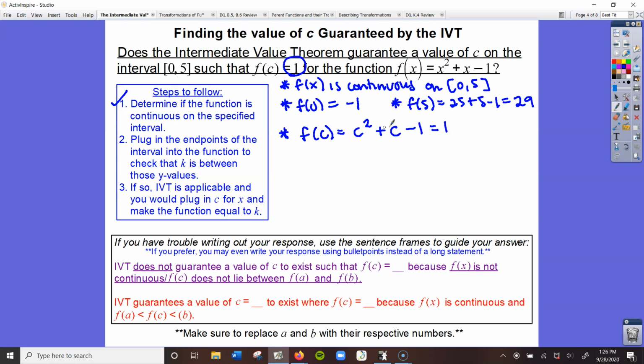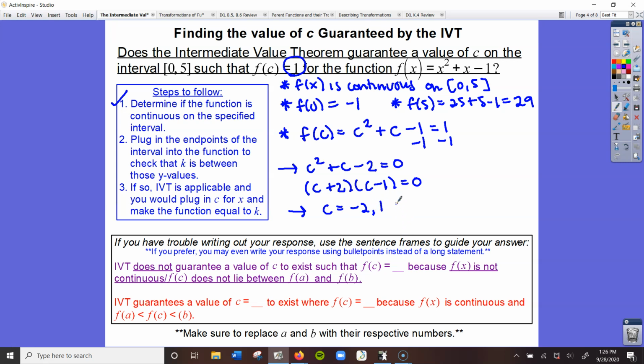From here, this is a quadratic, and we know how to solve quadratics. We have to first make it equal to 0. So we get c squared plus c minus 2 is equal to 0. And then we factor. In this case, our factors would be c plus 2, c minus 1 equals 0, giving us two c values. C is equal to negative 2, and c is equal to 1.